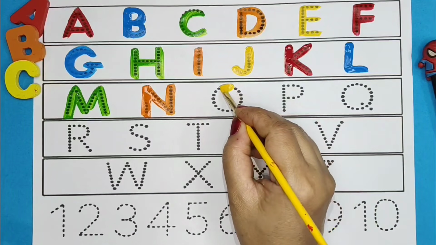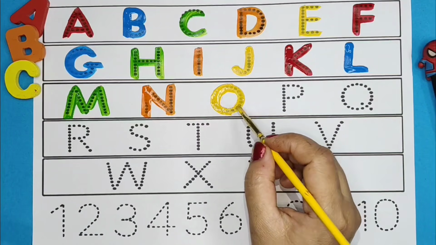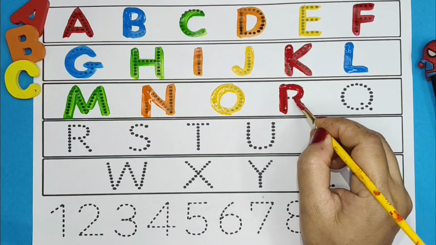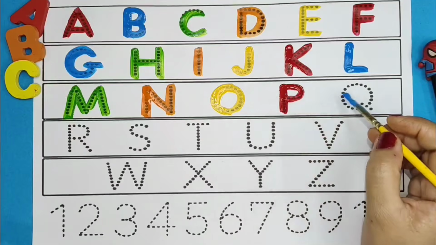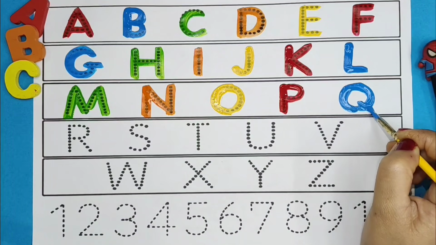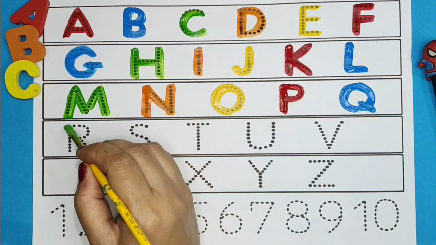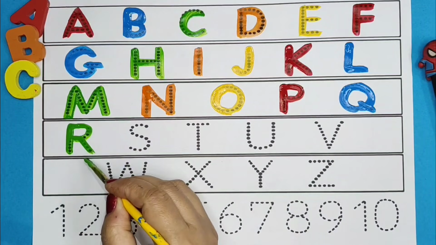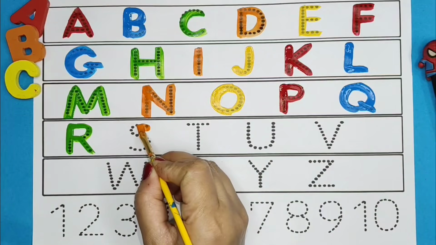Yellow color. O for octopus. Red color. P for pen. Sky blue color. Q for queen. Light green color. R for rabbit. Orange color.